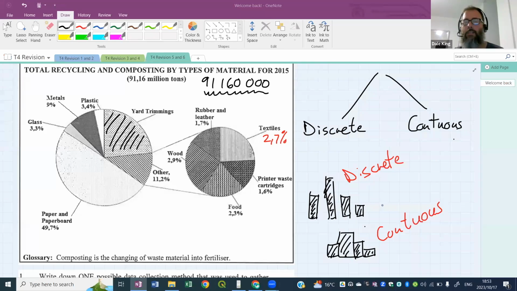Continuous data is data that can take any value. Yes, you're right. So discrete is often only integers, and continuous is decimal numbers. Excellent. All right.